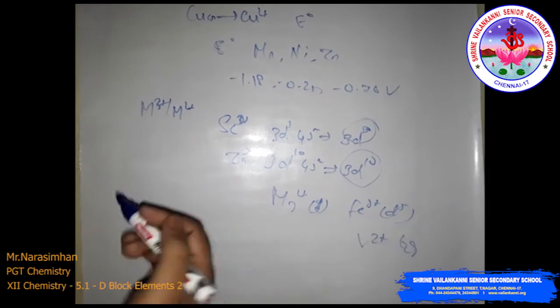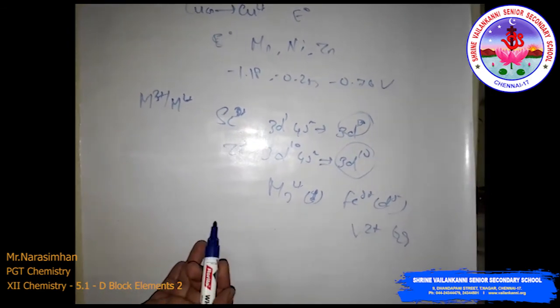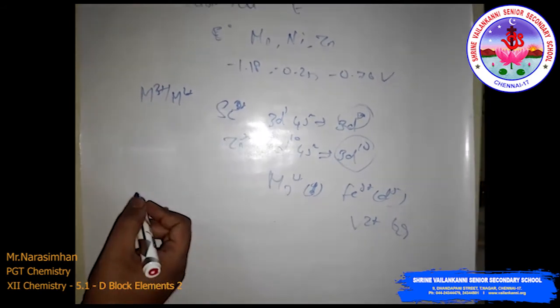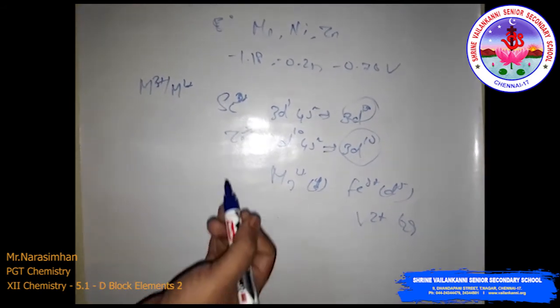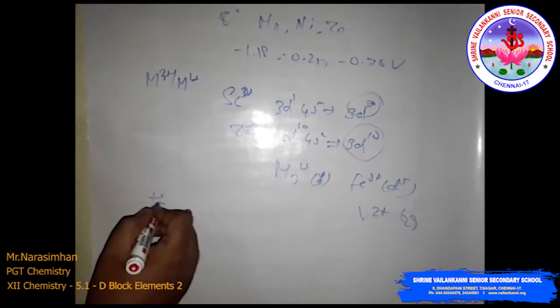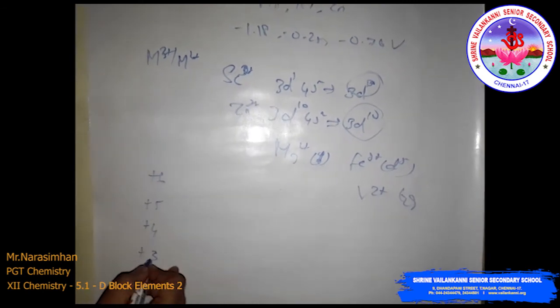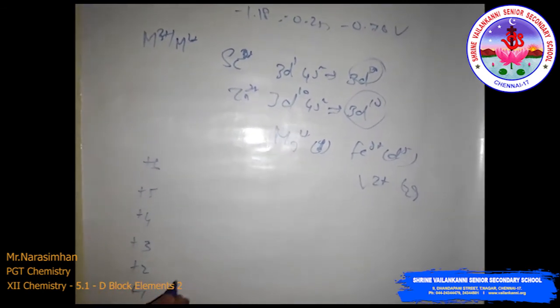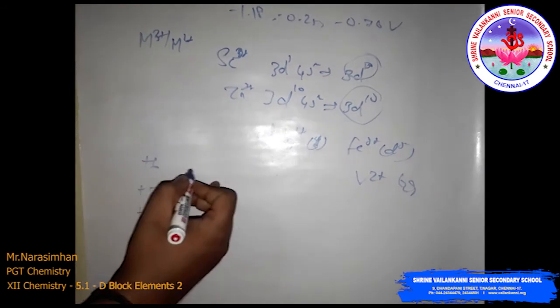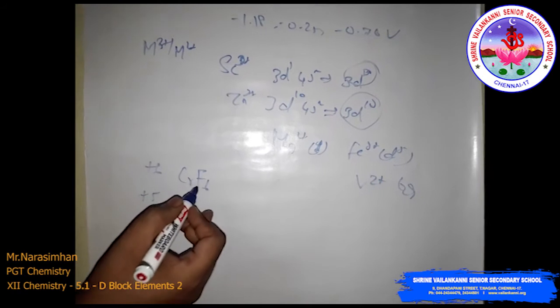Then trends in the stability of the oxidation states. The oxidation numbers, that is the formulas of halides of 3d metals, range over plus 6, plus 5, plus 4, plus 3, plus 2 and plus 1. In plus 6, chromium exhibits chromium hexafluoride.